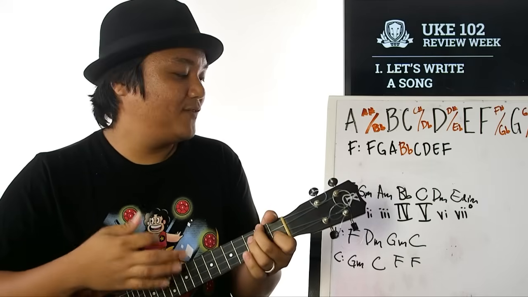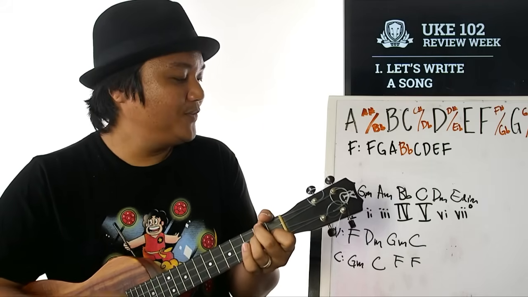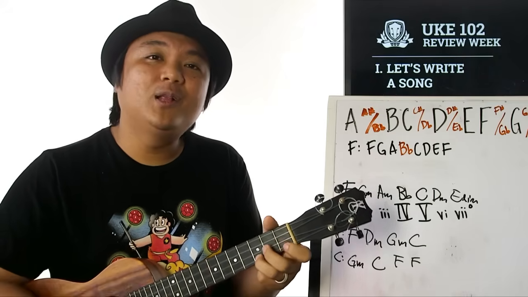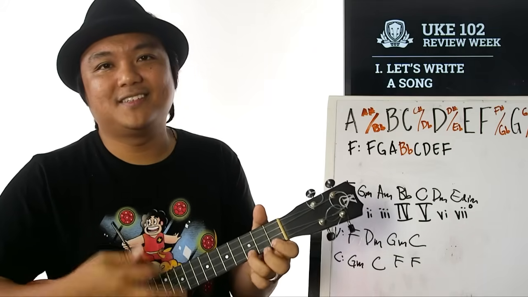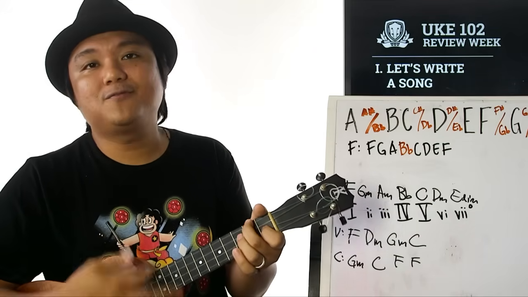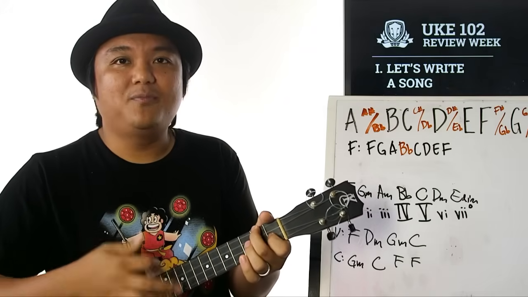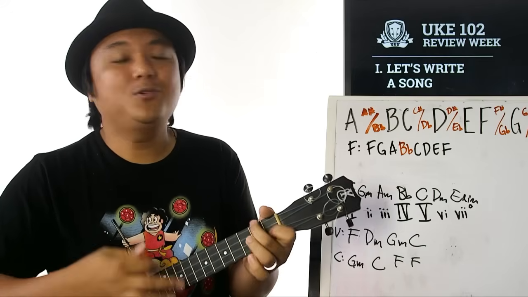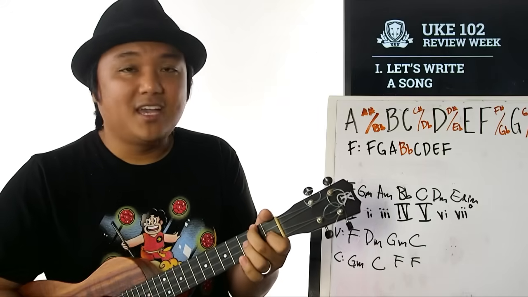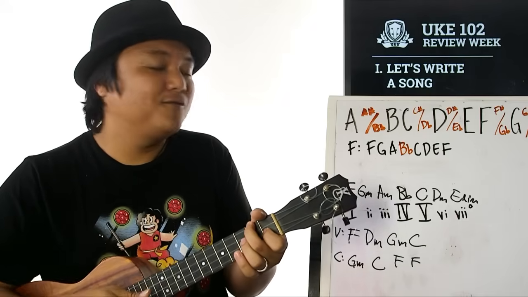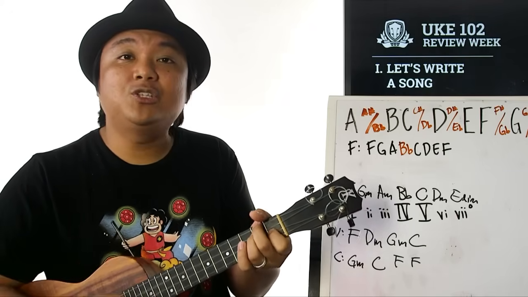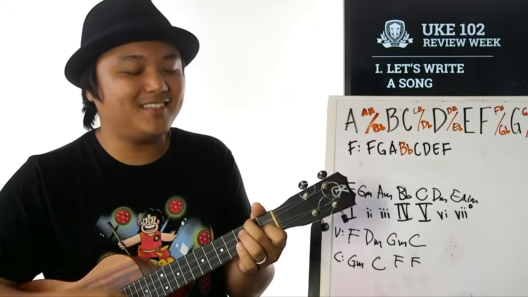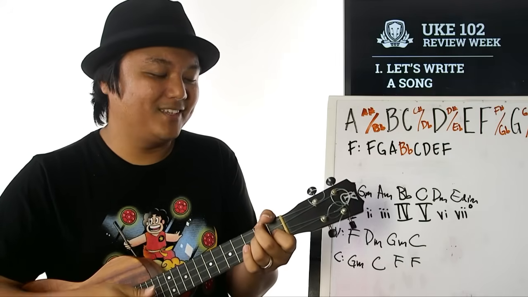Back to F, then D minor, then to G minor, over to C, then we'll hit our chorus, back to F, maybe we'll sing in key this time, maybe we won't, then back to F, G minor, and then C. We're gonna repeat that same verse.